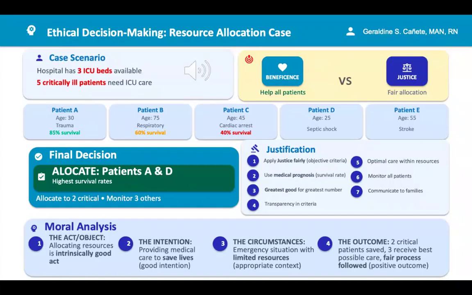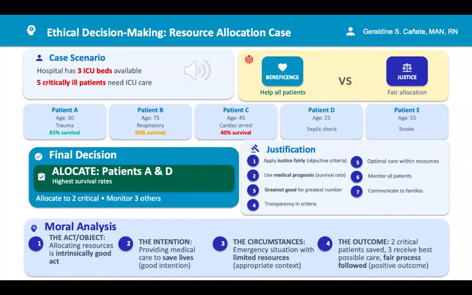So imagine this. Your hospital has only 3 ICU beds available, but there are 5 critically ill patients who need ICU care. All of these patients are in serious condition, but their prognosis varies.